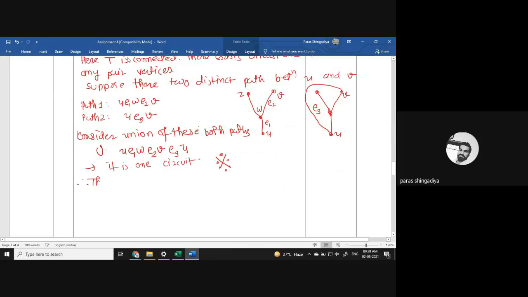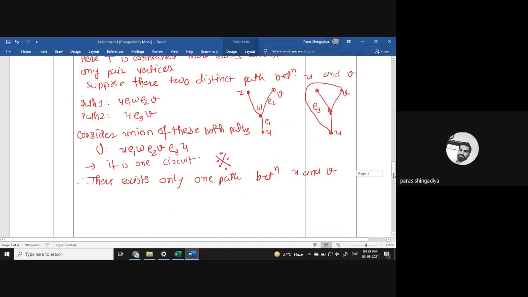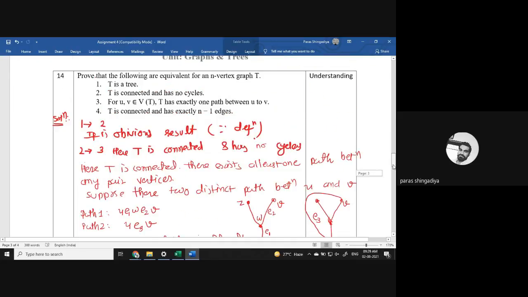Therefore there exists only one path between U and V. That is what we had to prove, second to the third. Okay, second हमने suppose किया था और third हमने prove किया. ठीक है, we had to prove second to the third one.